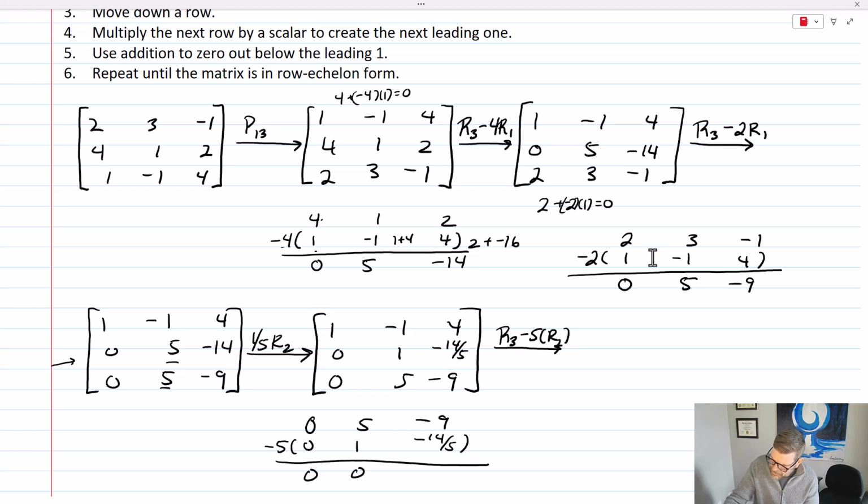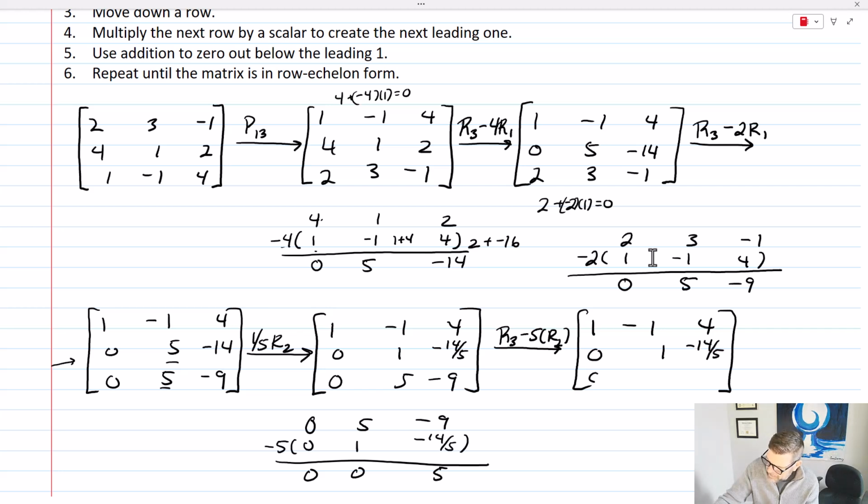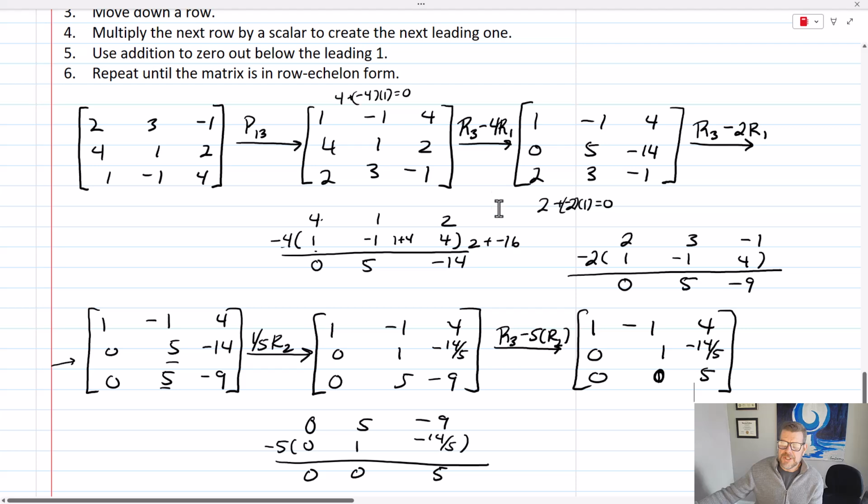We get 0, 0, and then this ends up being negative 9 plus 14, so that ends up equaling positive 5. So we have 1, negative 1, 4, 0, 1, negative 14 over 5, and 0, 0, 5.